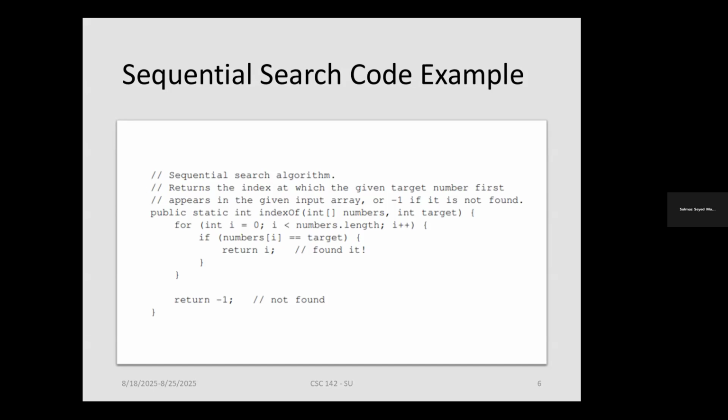We have one for loop, indexing from 0 to the length of the array, incrementing one by one. In the sequential search, if we find the target, we return the index. If we cannot find the target, we return negative one.